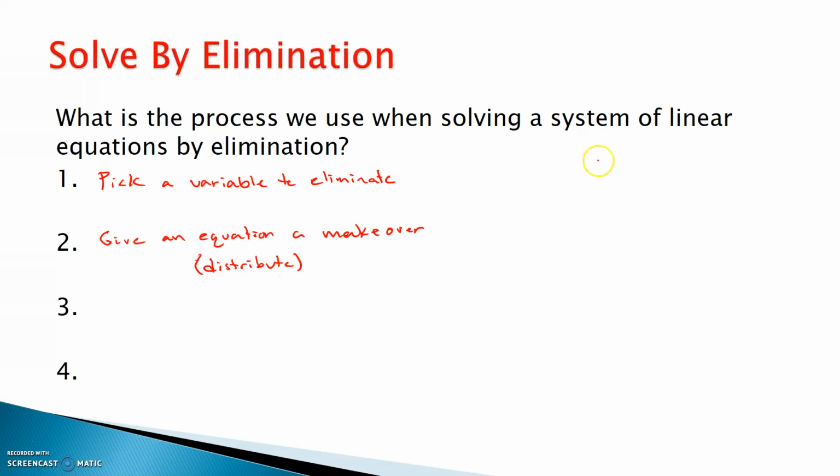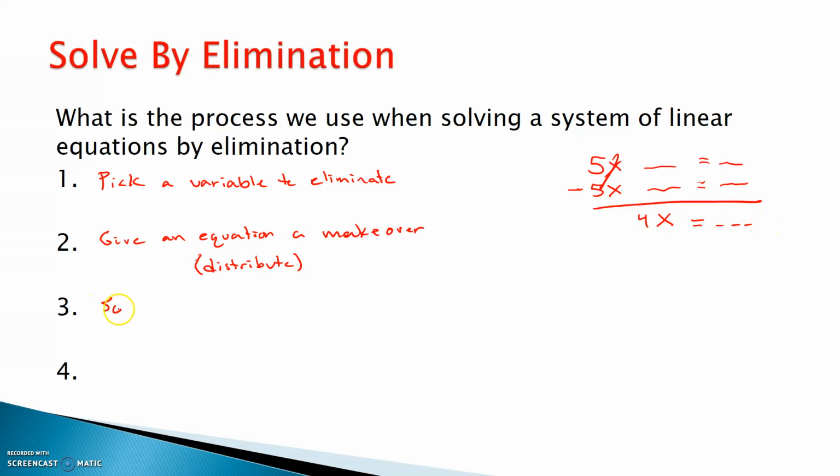Remember the way that we cancel them out. If I have a 5x, what's going to cancel that out? Well, it has to be a negative 5x. And of course, you're going to have the rest of it equals something. These guys cancel out, and you combine your like terms. You get 4x equals something.